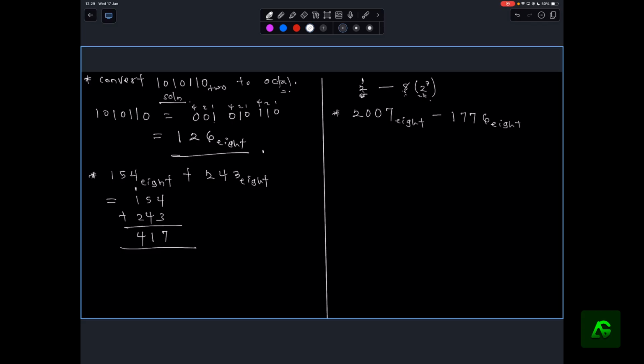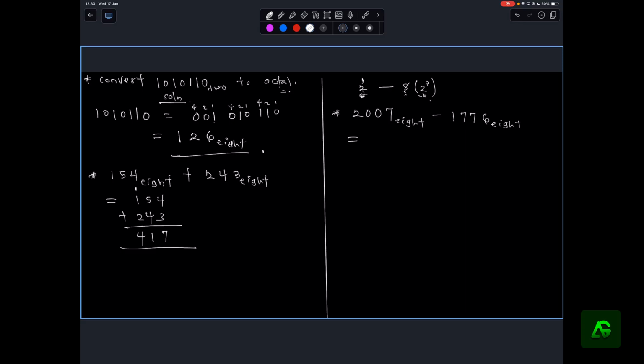Like, we want to simplify 2007 base 8 minus 1776 in base 8. You might be saying that I'm using equal digits.